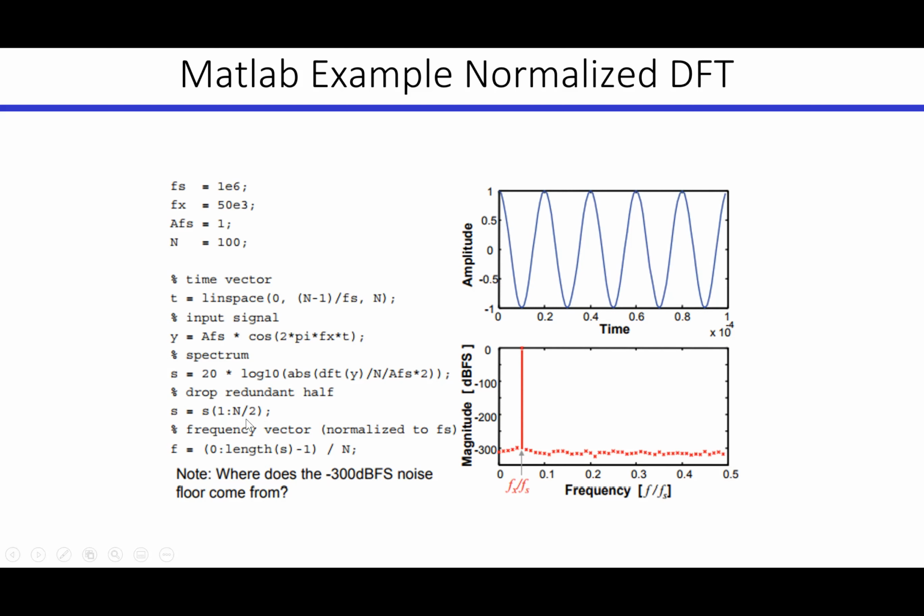And then we drop the redundant half because we are interested in 0 to half of fs. And then this is your x-axis, which they are converting into a normalized x-axis.